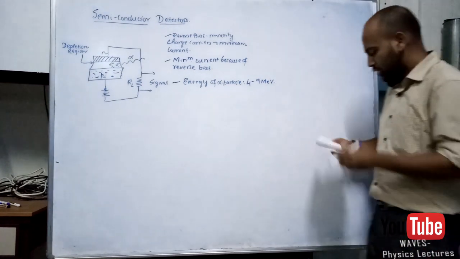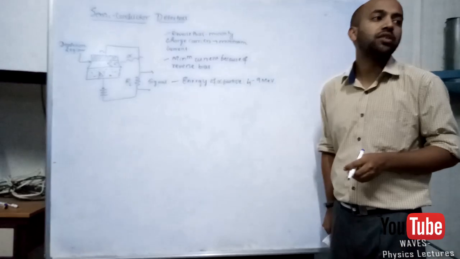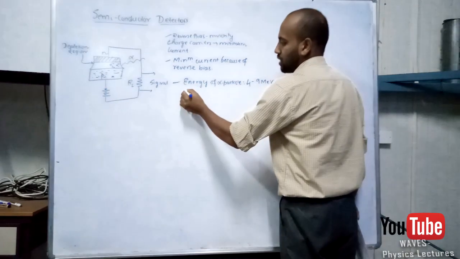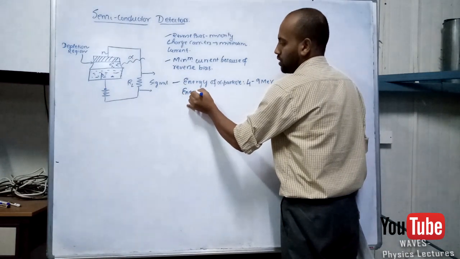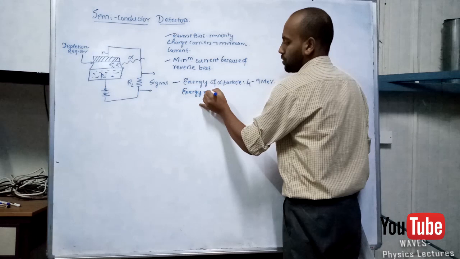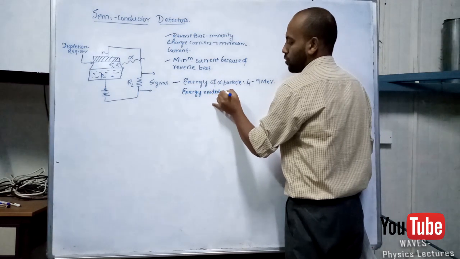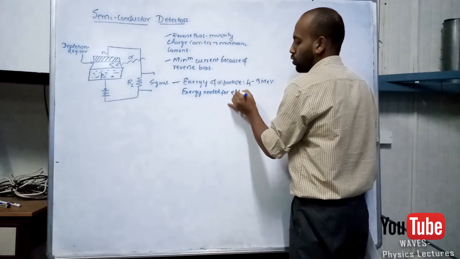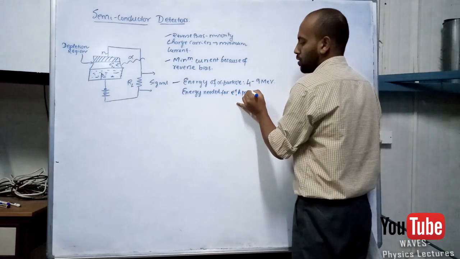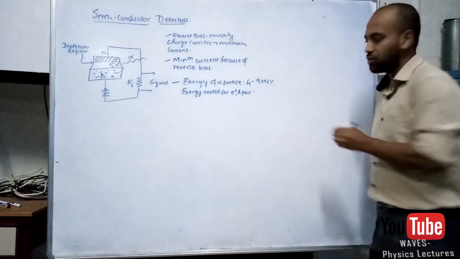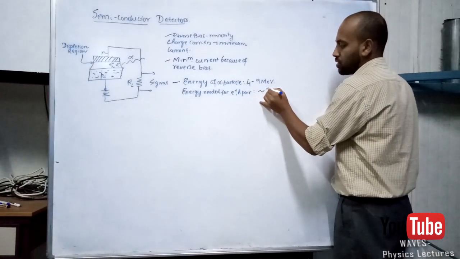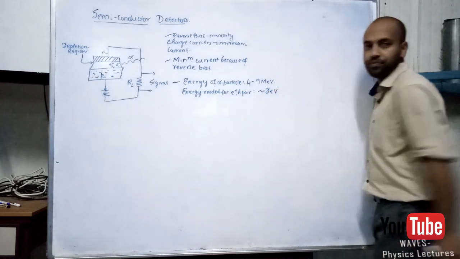Now, for an electron hole pair, how much energy do you need? This is the basic catch here. For this, you need just 3 eV of energy.